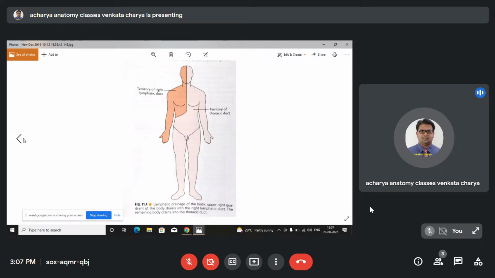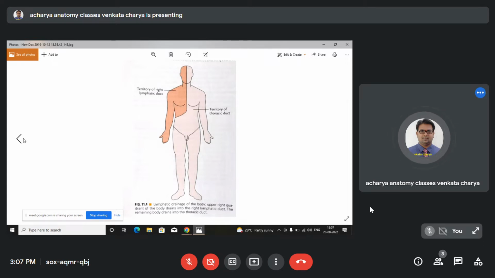This part passes through this duct, and lymphatic fluid finally drains into the junction between the internal jugular and subclavian vein. On the right side there is a lymphatic duct. There are only two lymphatic ducts: number one is the thoracic duct and number two is the right lymphatic duct. Finally they open into the bloodstream, into the veins.